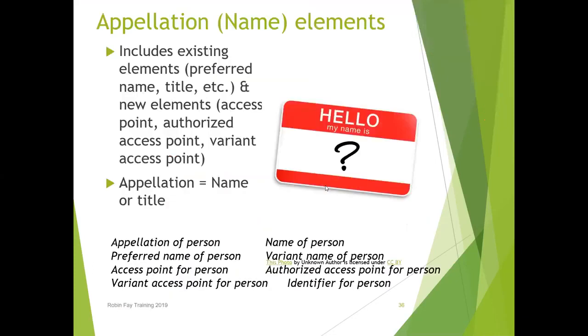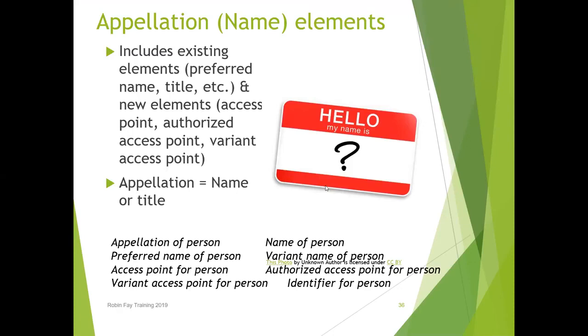Thinking about what that really means, we look at a person's name. What would be the name elements of a person? Well, the name elements of a person could be their preferred name, their title. It could be the variant name of the person.